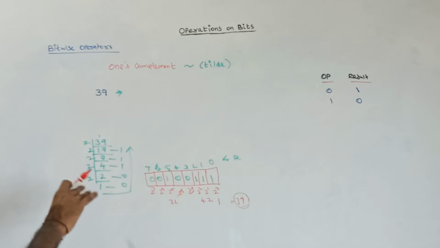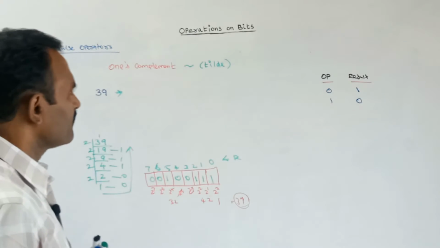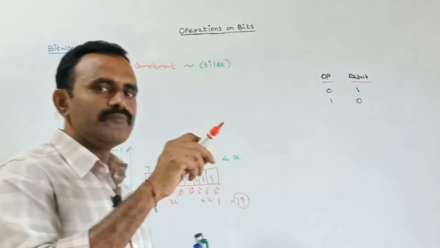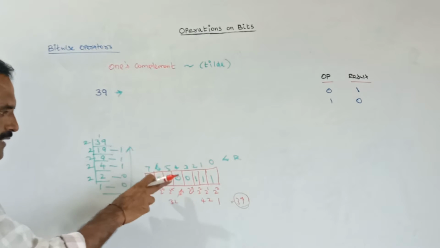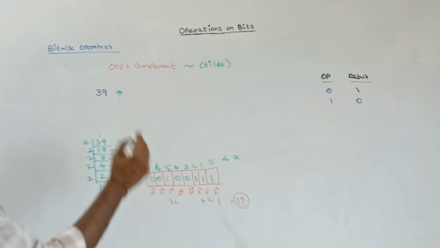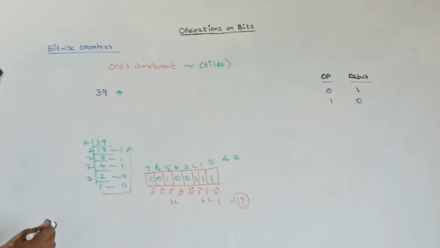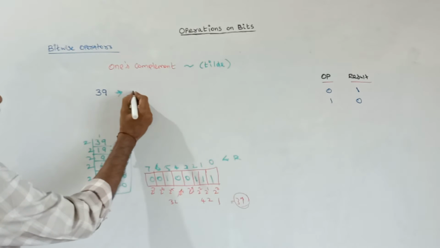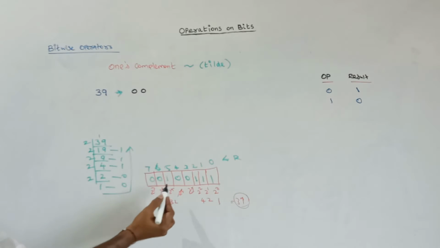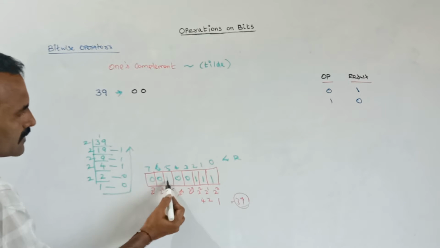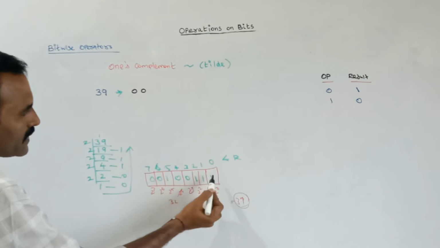In this way, whenever we give some value, while it is stored in the machine, it is stored as binary values. Here the binary value of 39 has how many bits? 6 bits only, 0 to 6.